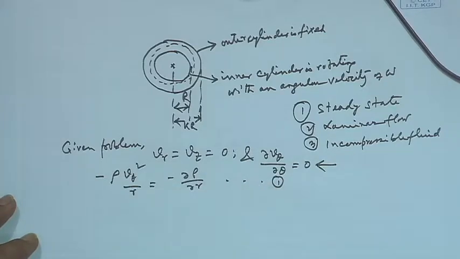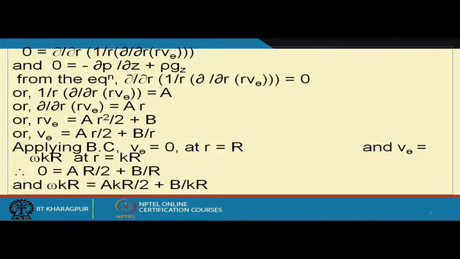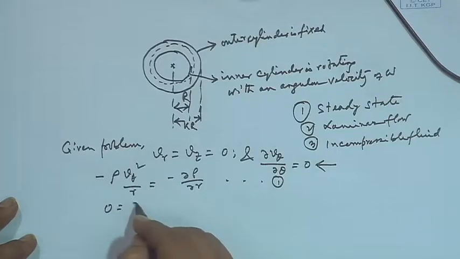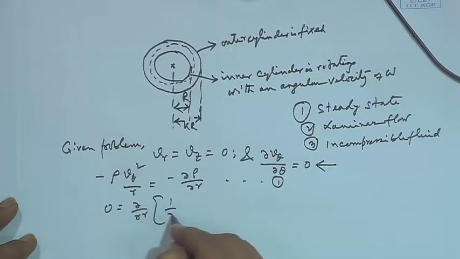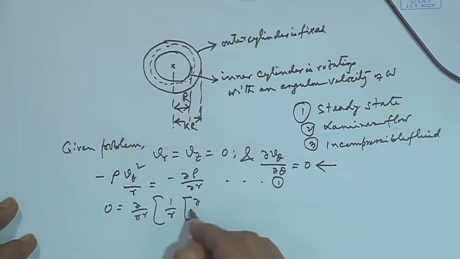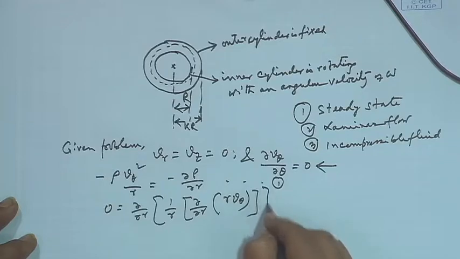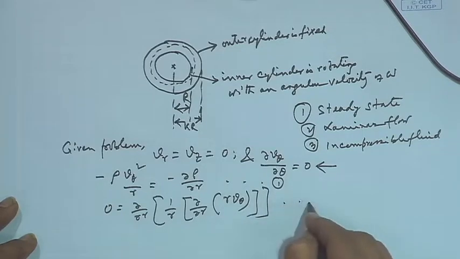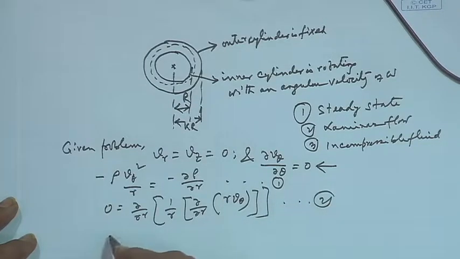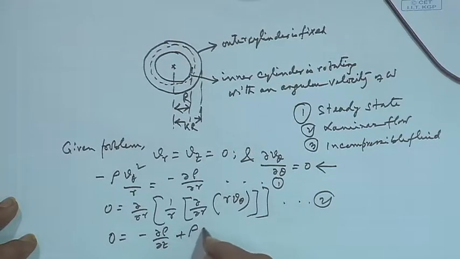Second equation, we can write 0 equals del by del r of 1 by r del by del r of r V theta. And the third equation we can write 0 equals minus del p by del z plus rho g z.